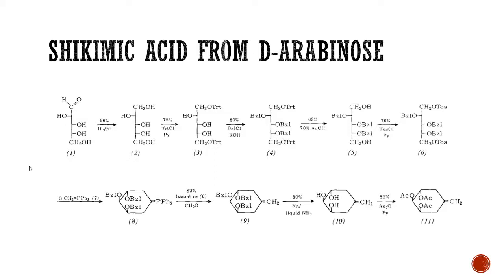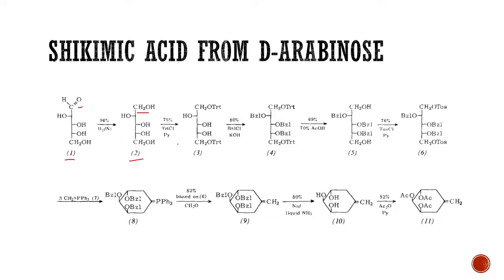So friends, you can see here the structure of d-arabinose is compound number 1, which on treatment with H2 Raney nickel will be converted to arabitol, that is, the conversion of CHO into CH2OH. This is compound number 2, which is arabitol.